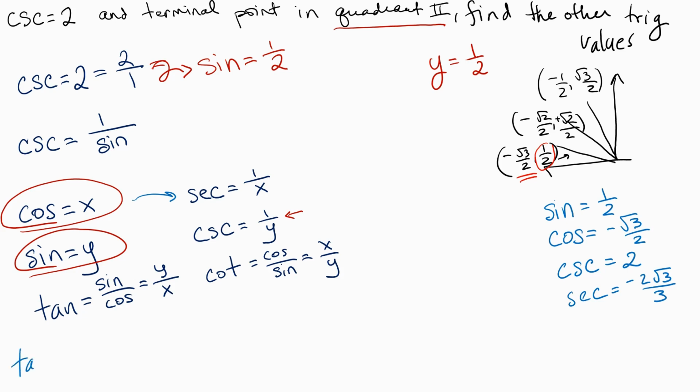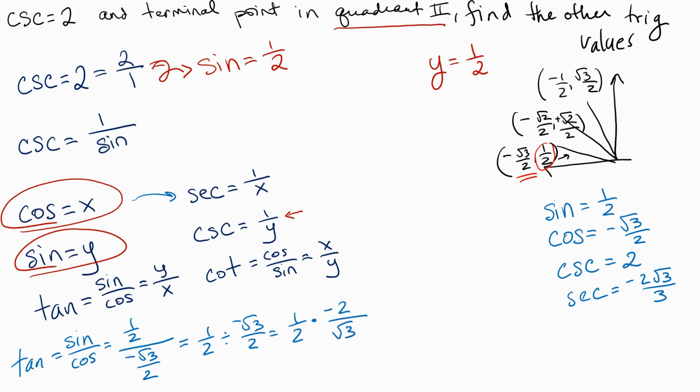So tangent, we said, was sine over cosine, or y over x, and our sine is 1/2, and our cosine is negative root 3 over 2. So if we rewrite this, we're going to have 1/2 divided by negative root 3 over 2. And then we're going to do the flip because we have a fraction. So 2 and root 3.